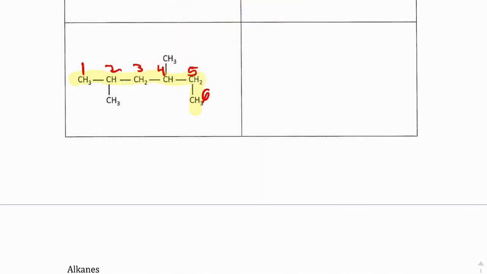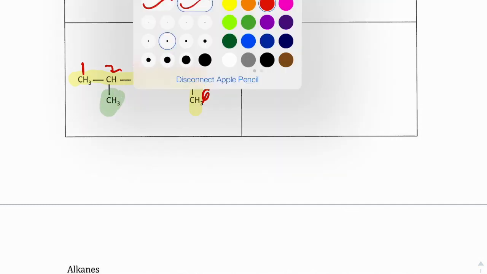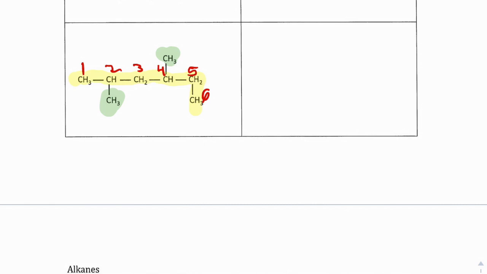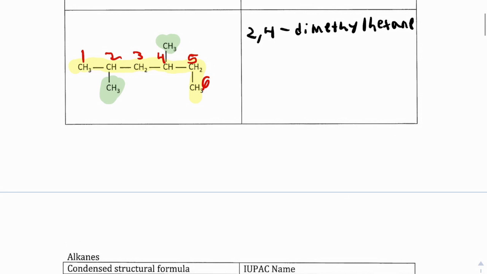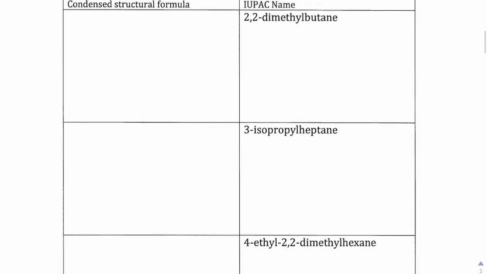And there's a substituent right here, right here. And so the name for this would be 2,4-dimethylhexane. Got it?